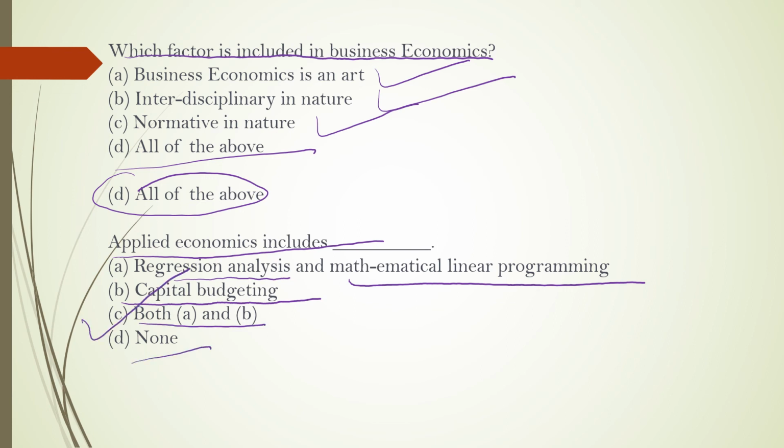So the right answer is both A and B, as applied economics considers regression analysis, mathematical linear programming and capital budgeting, which we already discussed in detail in the previous video.